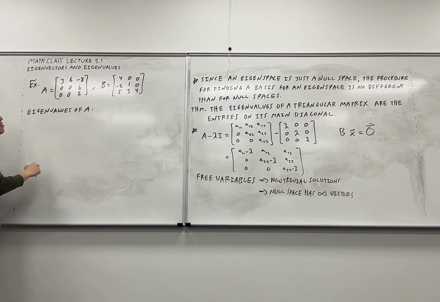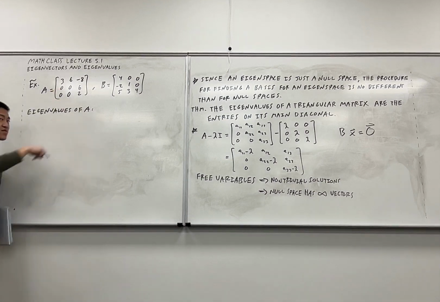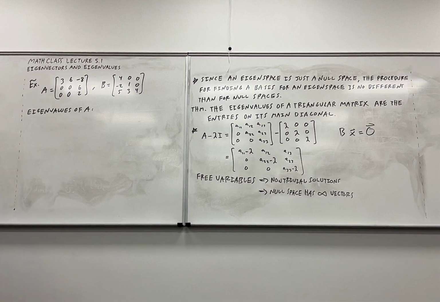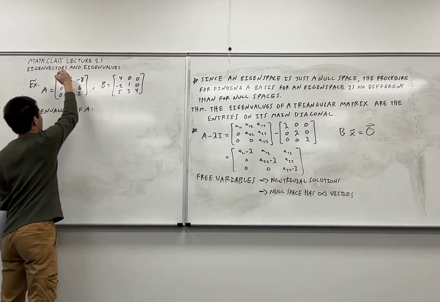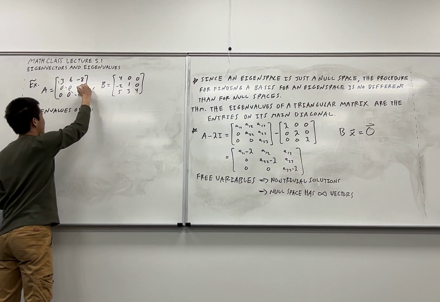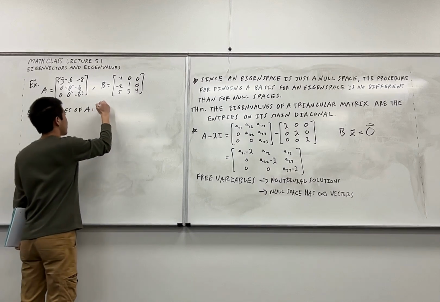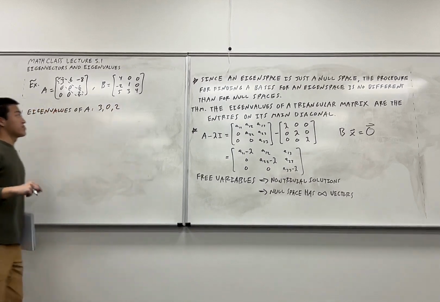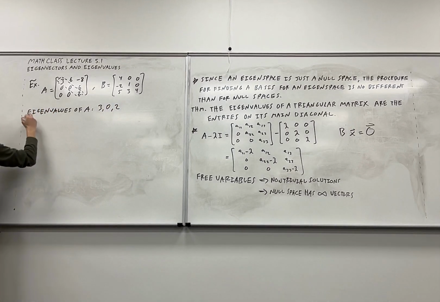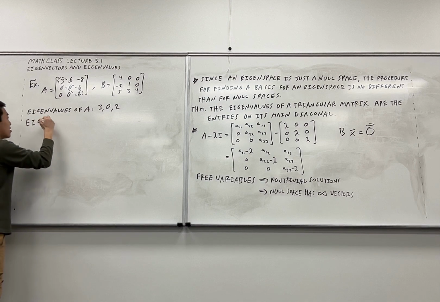First question, is A triangular? Yes, it is. Don't forget that triangular matrices are allowed to have 0 entries on the diagonal. So the main diagonal is right here, and every single entry on that main diagonal is going to be an eigenvalue: 3, 0, and 2.